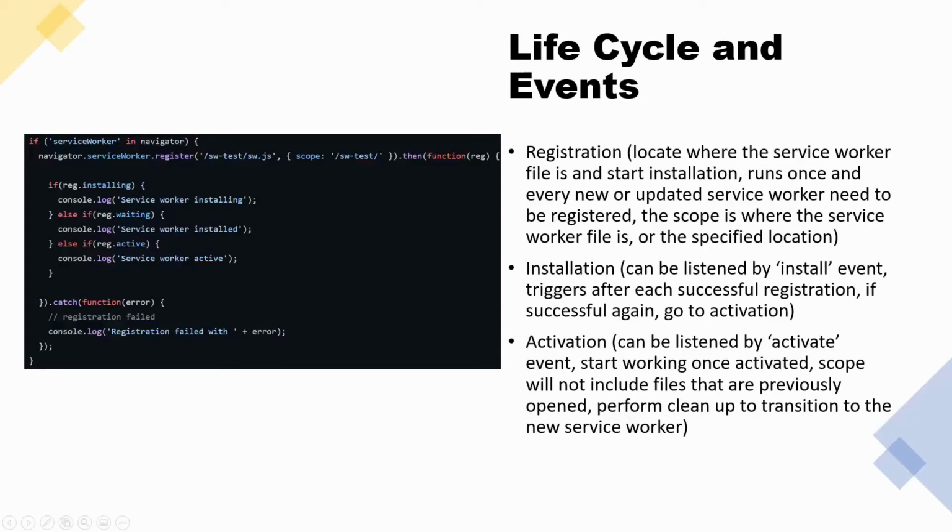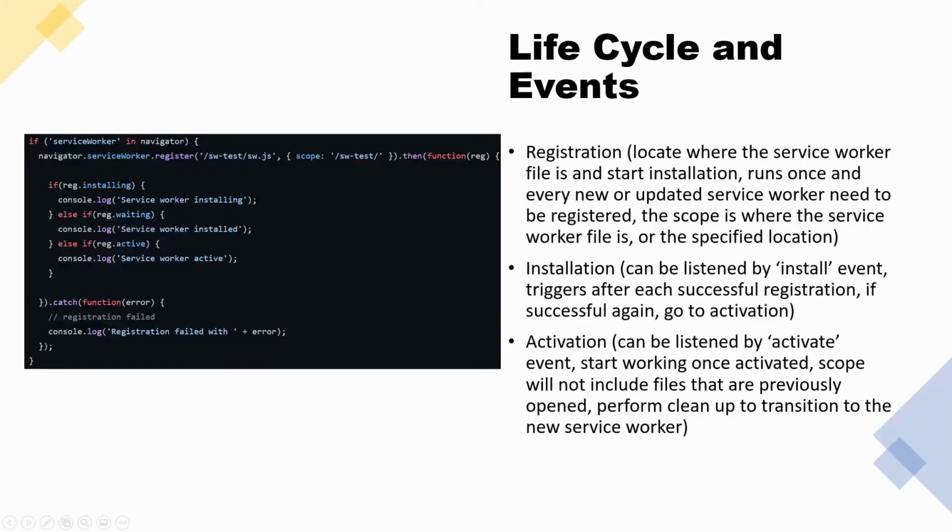During the registration step, you can also specify the scope of your service worker. You can specify the directory for the service worker to handle interception of some of the files, or you can just leave it blank, and by default it will use the location where your service worker file is.